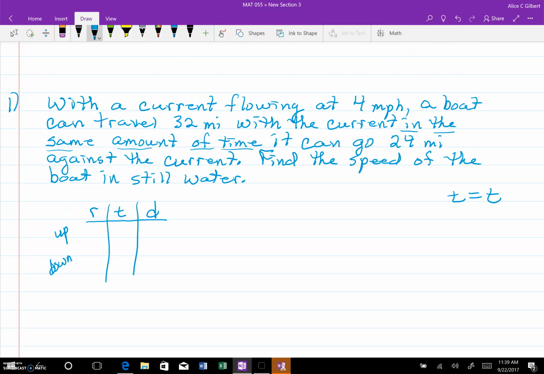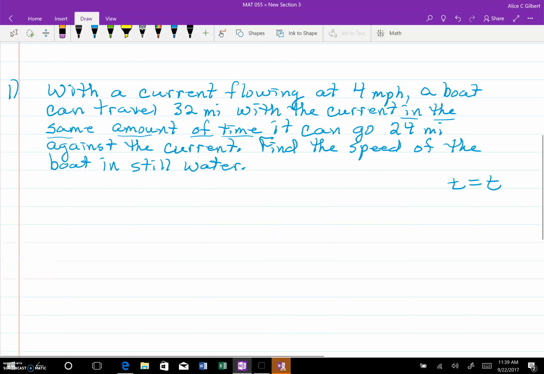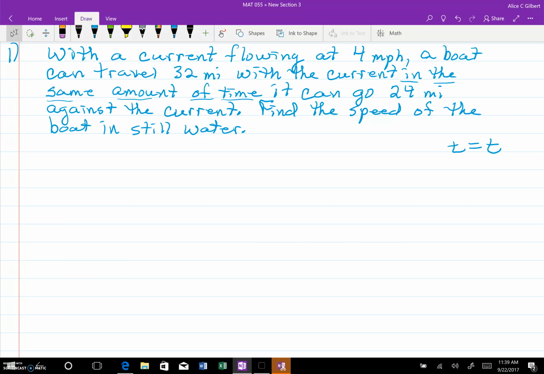Before we do this, it's very important that we assign our variables. If you do not assign your variables, it's going to be very, very difficult to do these problems. Assigning a variable is always say, let X, or whatever letter you want it to be, equal.